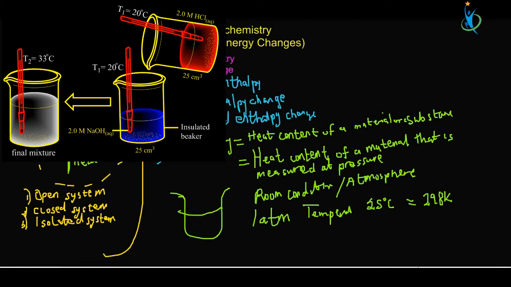So enthalpy is simply the heat content of a material, but it is the heat that is measured at what? Constant pressure. If you perform your reaction at constant atmospheric pressure of 1 atm, then the heat that you measure from your calorimeter is what we call the enthalpy. So it's very important for you to know that.